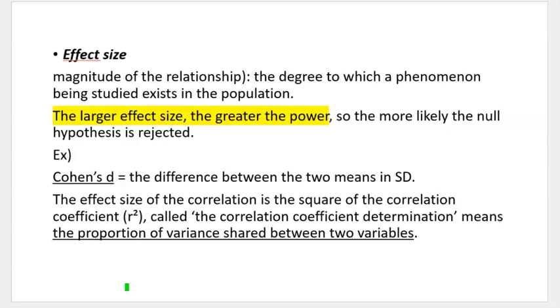So these different measurements represent the effect size, and the effect size means the magnitude of the relationship, the degree of how much is present in real life. We will talk about the effect size next time. But for this class, we were concentrating on understanding type 1 and type 2 error, and where the power of the analysis comes from.